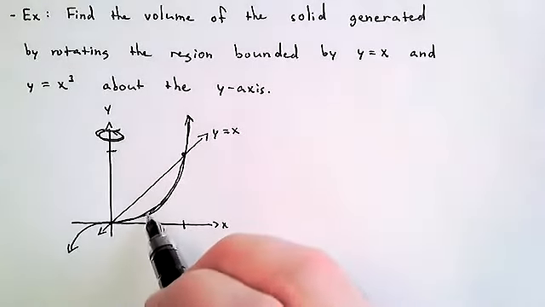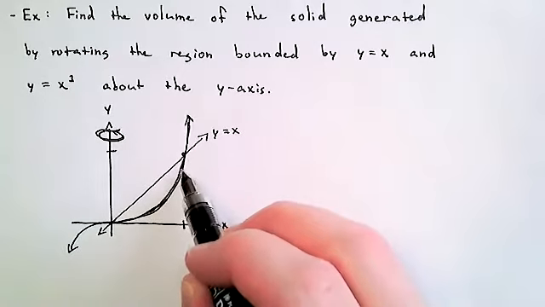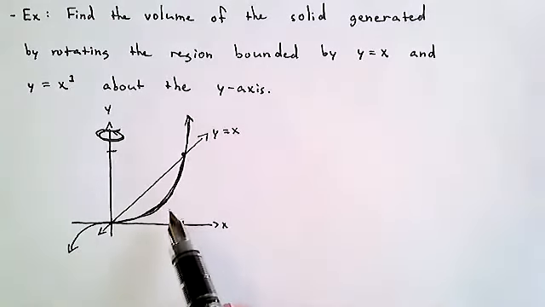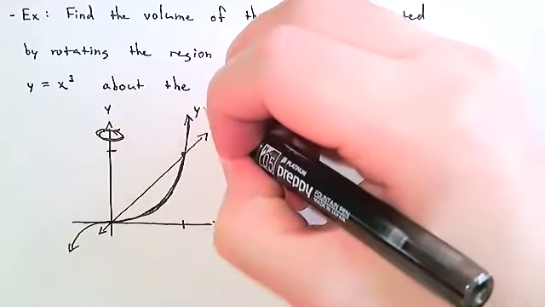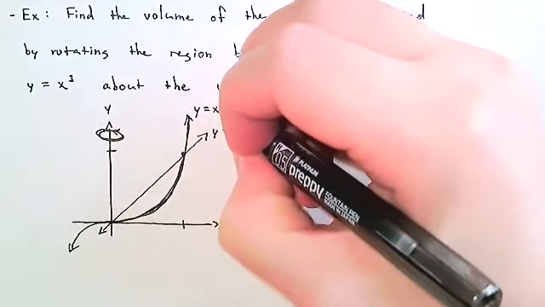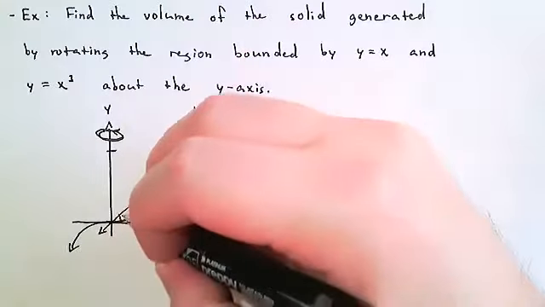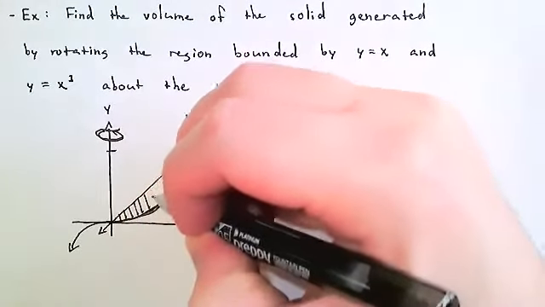Okay. So what we can see from the graph is that the cubic function is actually the smaller function in this region that's formed here.